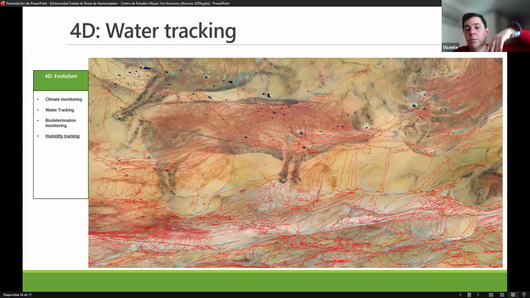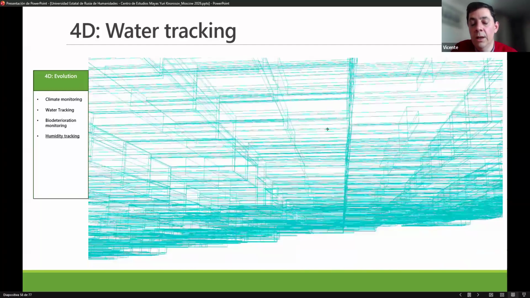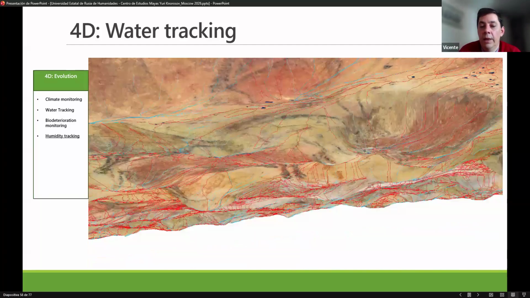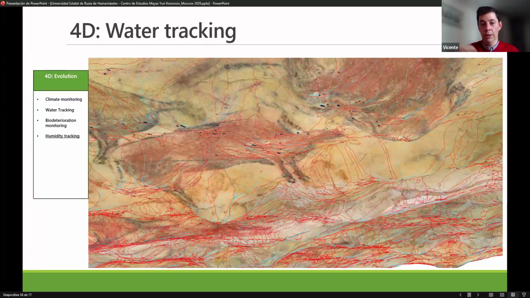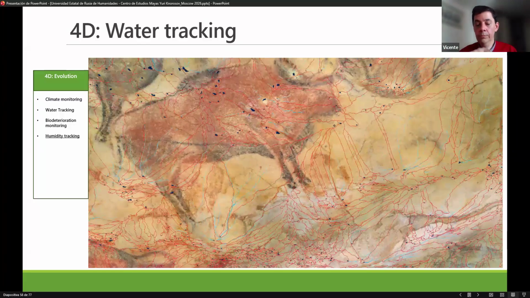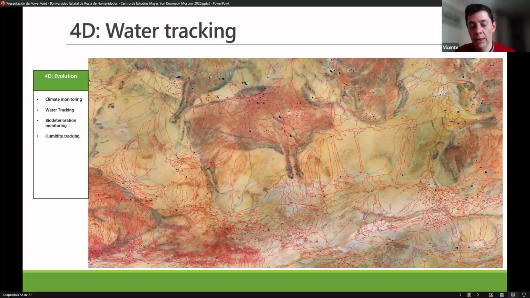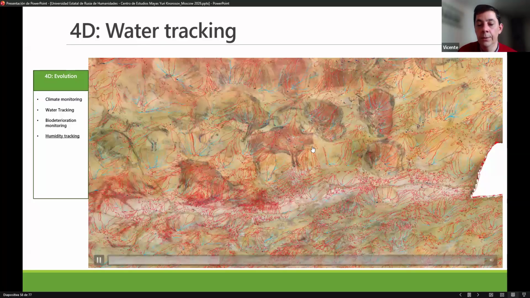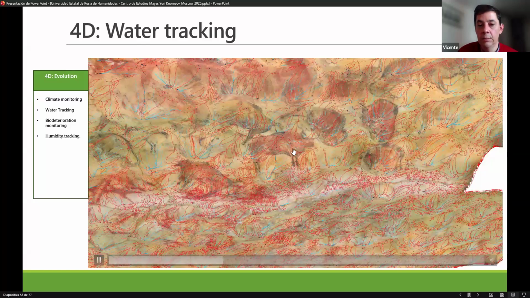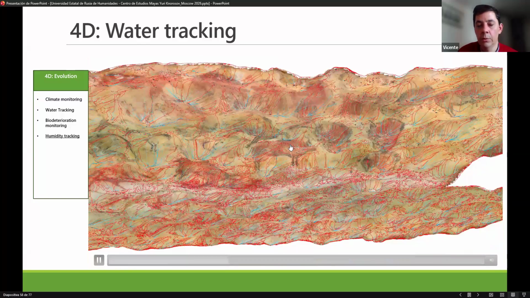So what we did was to model how the water moves by surface tension through the ceiling. And we calculate the points, you can see them in black, in dark blue.